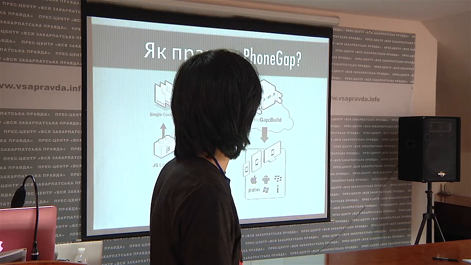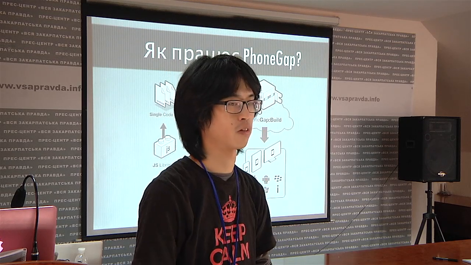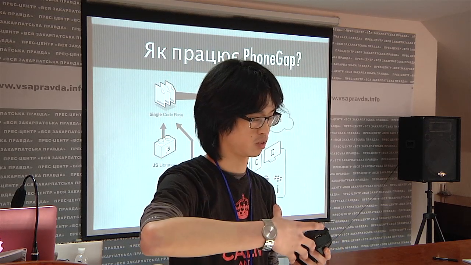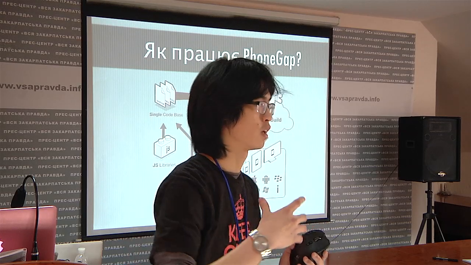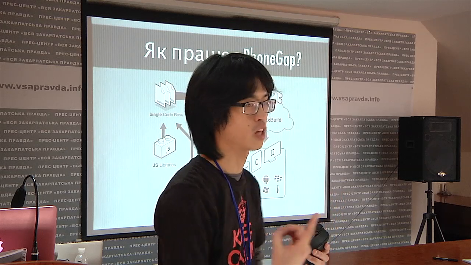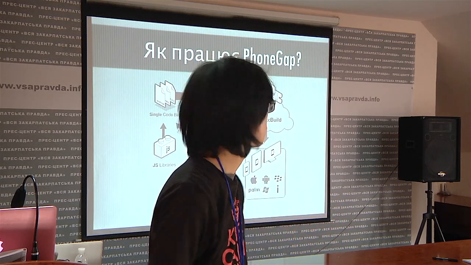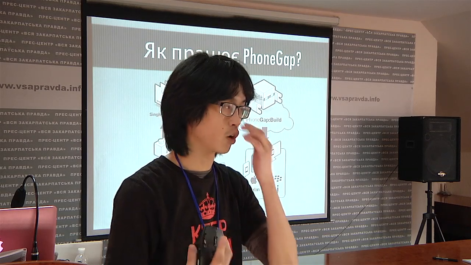How does PhoneGap work? The workflow for it. You have your code base, which is like your web folder. You have your JavaScript folder, your CSS folder, and one HTML file, which is your main index HTML file. And that will contain your divs. You can then have PhoneGap plugins.